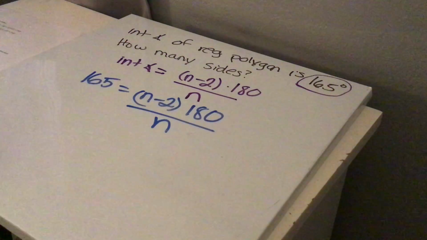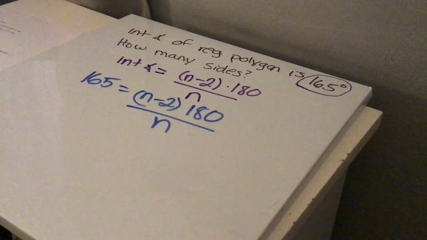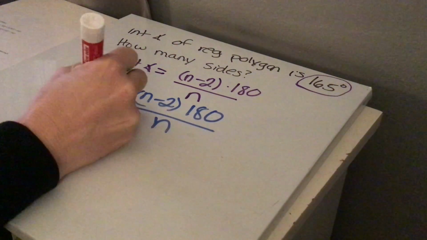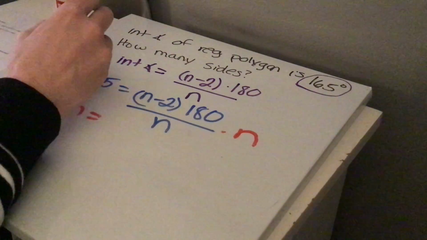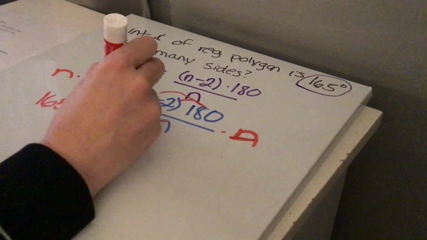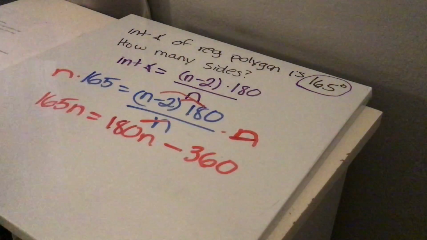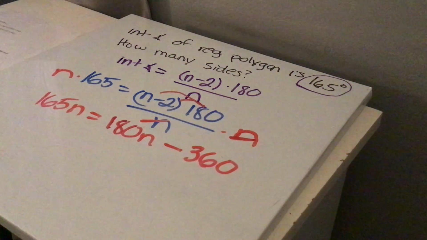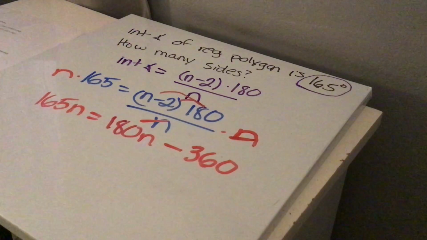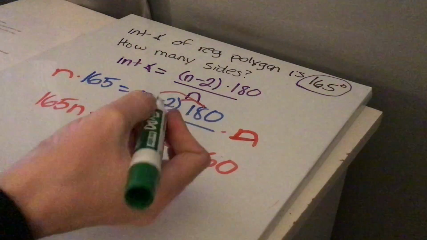Okay, so you have to solve for n now. So first thing is get rid of your fraction. So we're going to multiply both sides by n. So 165n equals, then we're going to distribute the 180. So equals 180n minus 360. Okay, then I would subtract 180n, I put the n's on this side. So subtract 180n from both sides.